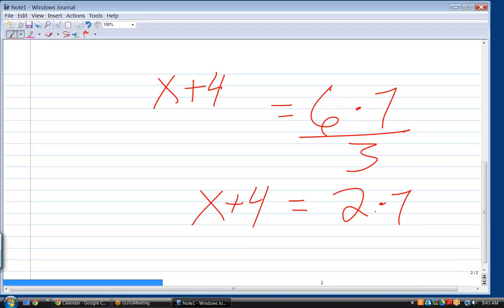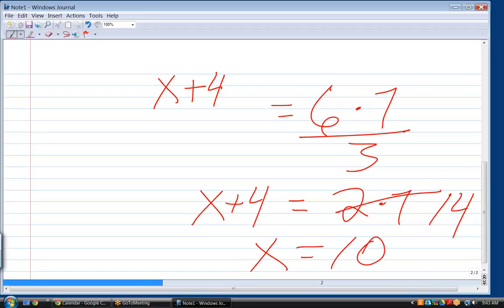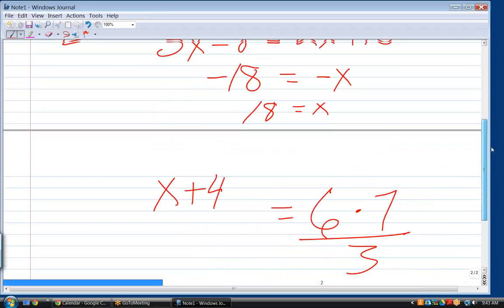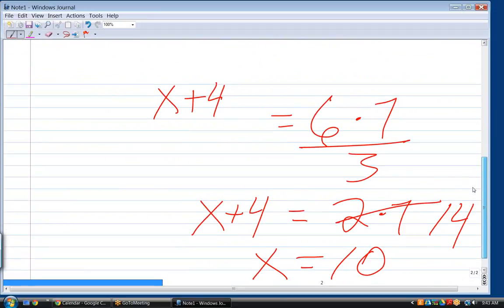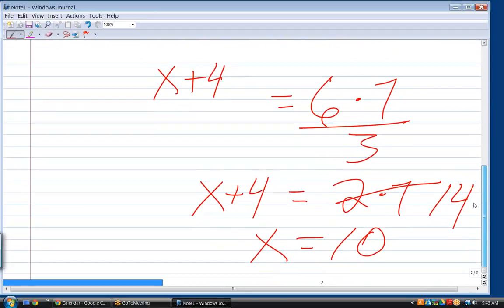Well, now I have to multiply this out. Turn that into a 14, and then subtract 4 from both sides, x equals 10. Okay? So this is just an example of the numerous ways you can solve equations.